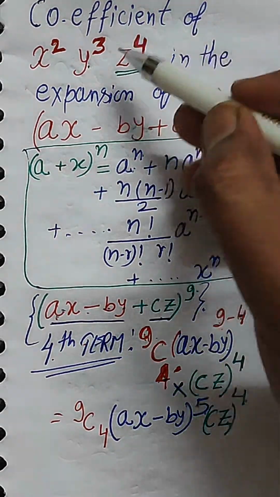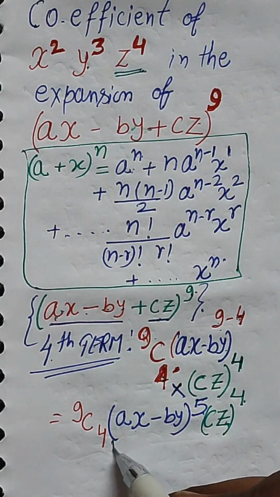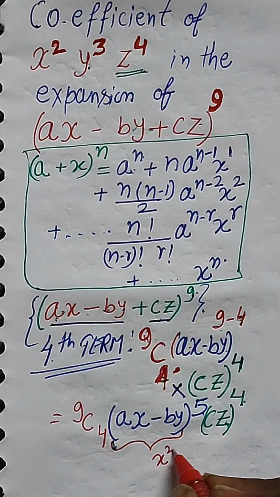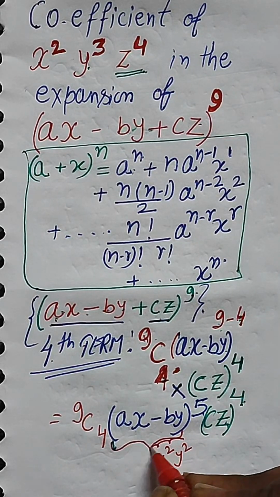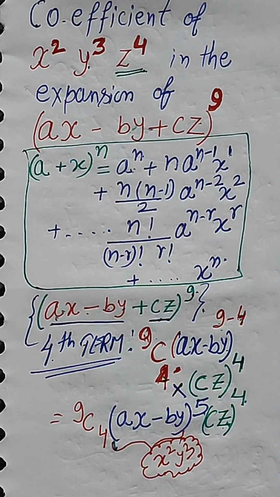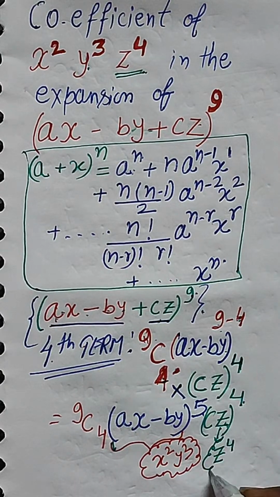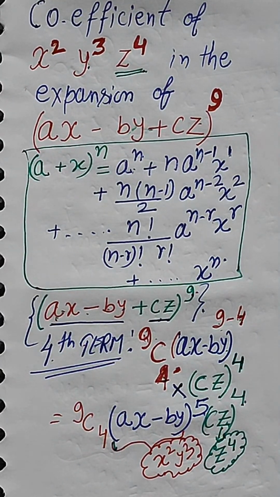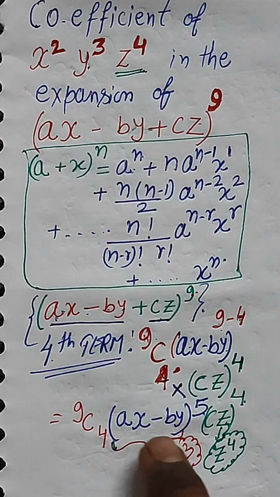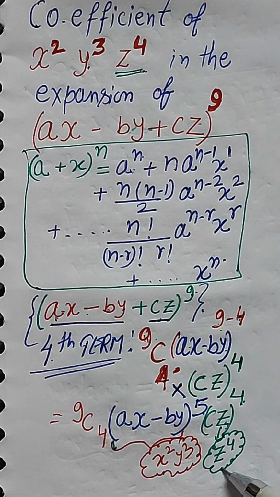We need to find the coefficient of the entire x square y cube z4, so we need to find x square y cube from (ax - by) power 5, because z power 4 has already arrived over here.